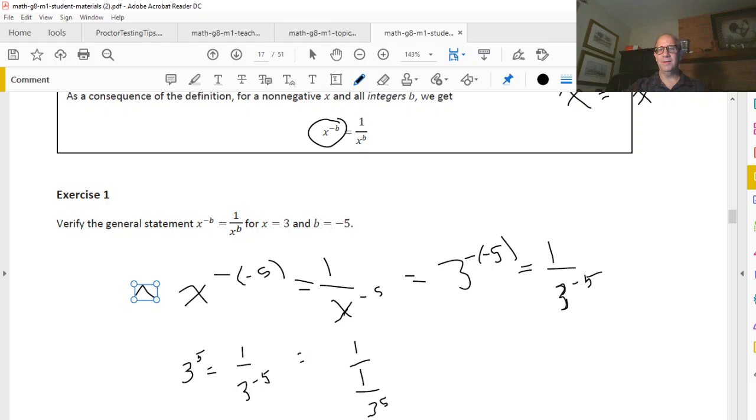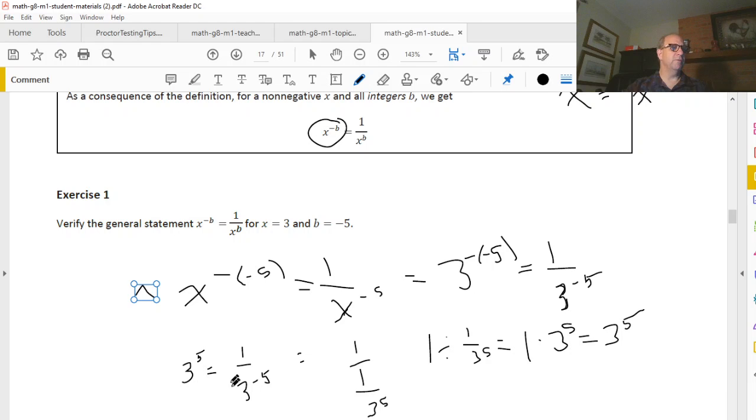Oh my God, that's so cool. The easiest way to see this is 1 divided by the fraction 1 over 3 to the 5th power. When we're dividing by fractions, we multiply by the inverse, so it'd be 1 times 3 to the 5th power, which is just 3 to the 5th power.